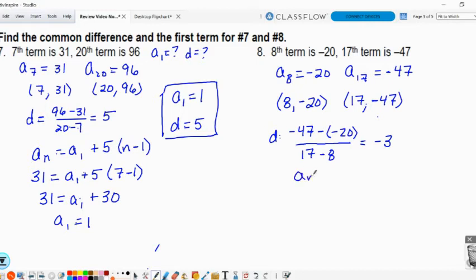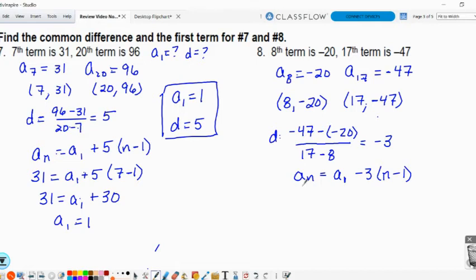And again, we still need to find the first term. So we'll substitute that common difference back into our arithmetic rule. And we can use either point, 8 and -20 or 17 and -47 to find the first term.